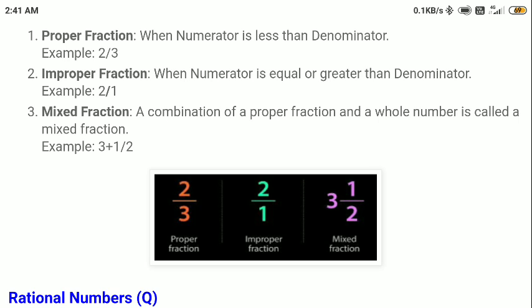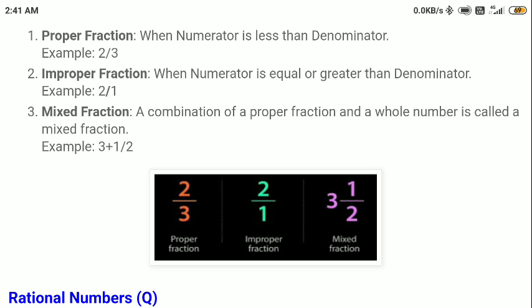You are aware of these proper fractions already, where the numerator is less than the denominator. When we combine a whole number and a proper fraction, we get the mixed fraction, because fraction is also there and whole number is also there.